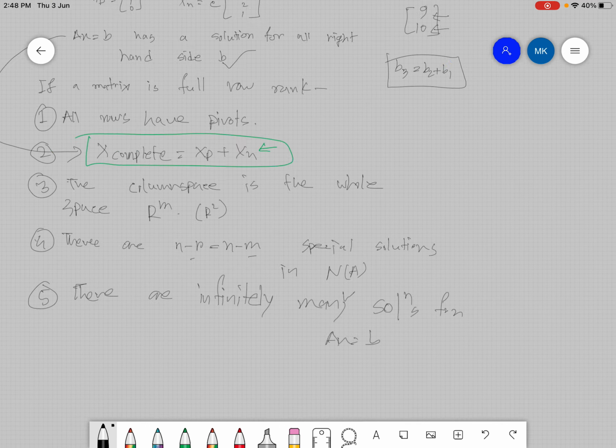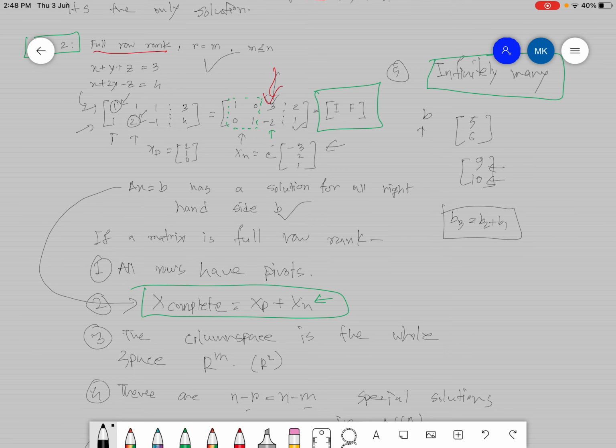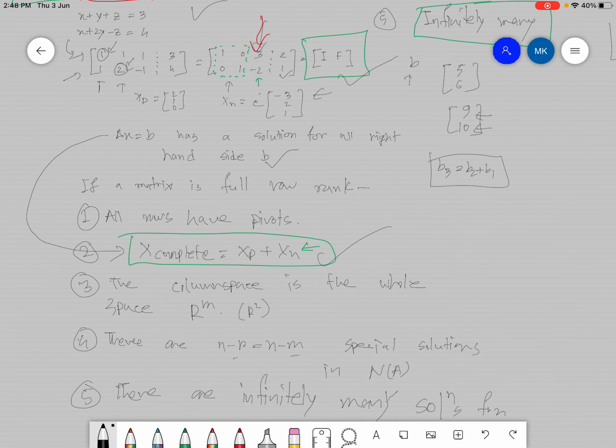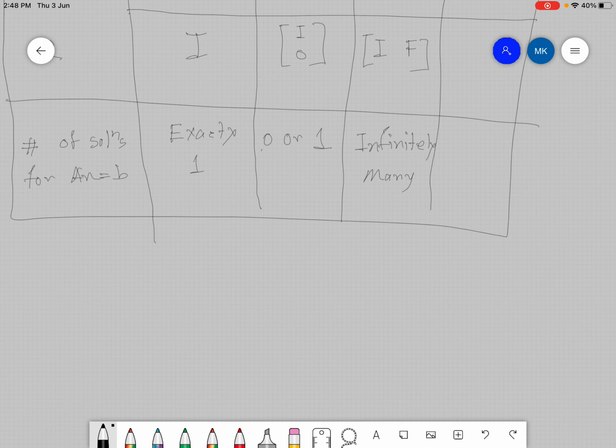We saw that in case 2, it was full row rank, the structure was this, and we had x complete, and as there are free columns, the null space is not empty.